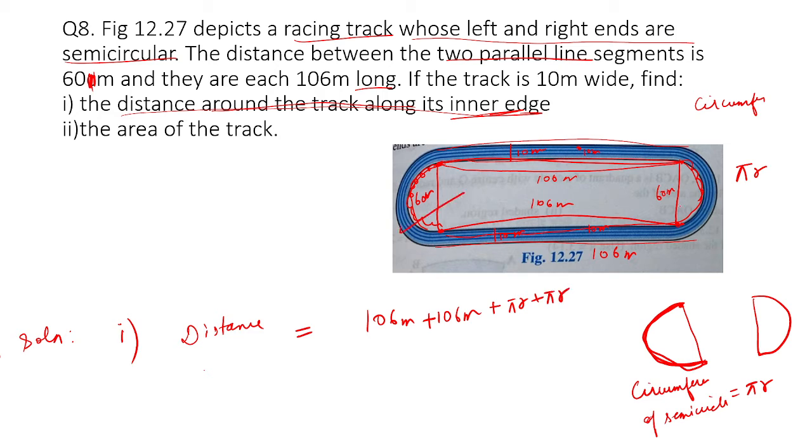One semicircle is here, the other is here. So 106 plus 106 is 212 meter plus 2 into 22 by 7 into r. So that is 212 meter plus 44 by 7 into the radius, which is going to be from this center to this center, so this would be 30 meter.